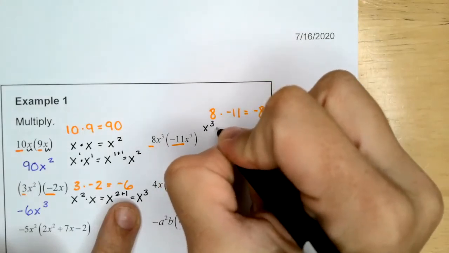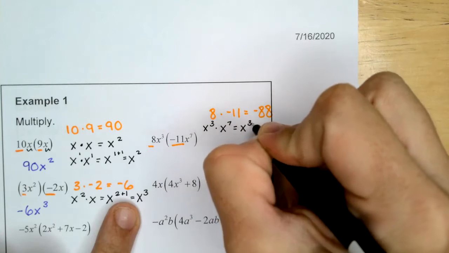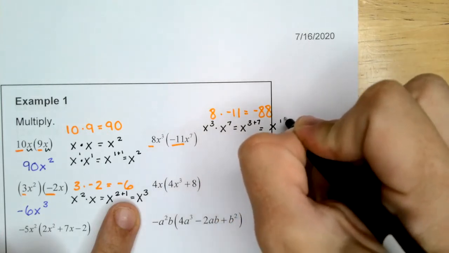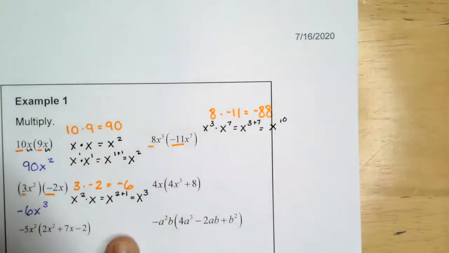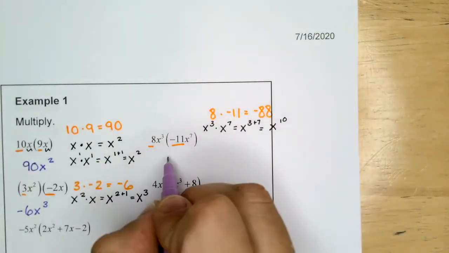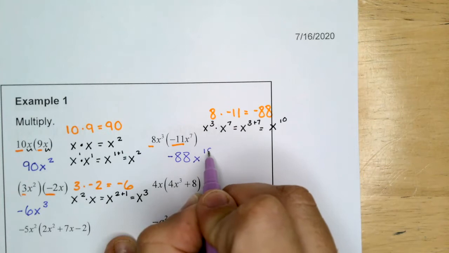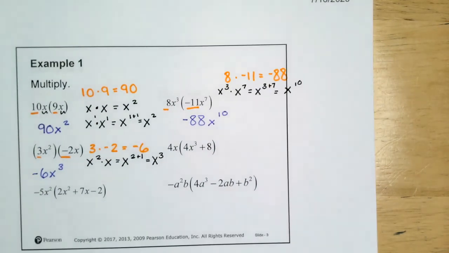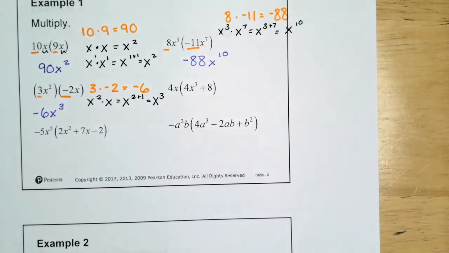X to the third times x to the 7th is x to the 3 plus 7, x to the 10th. So our final answer is -88x to the 10th. We're just combining like terms and multiplying what we are able to multiply.